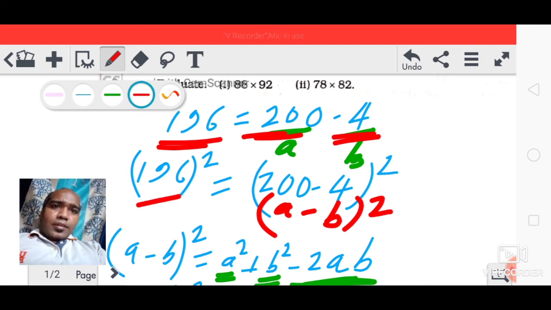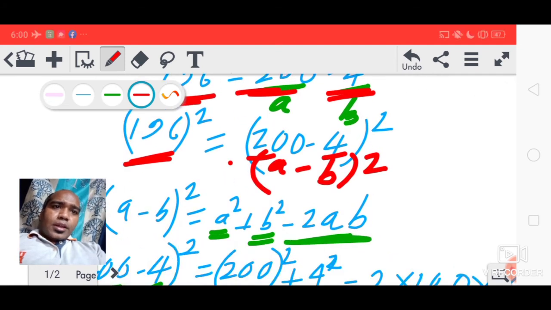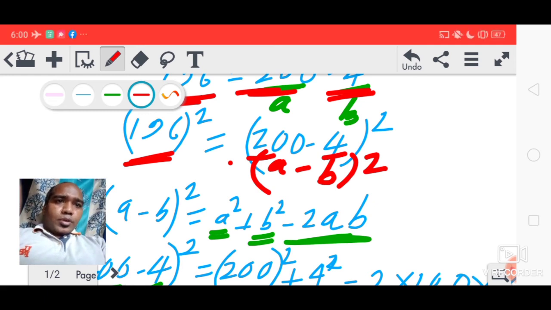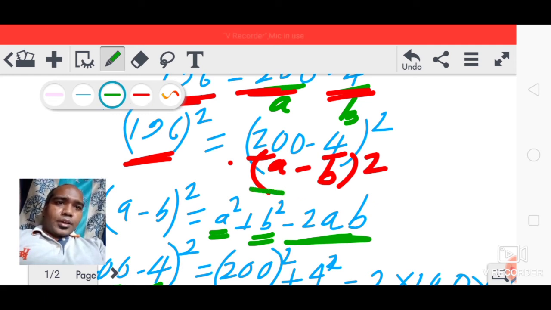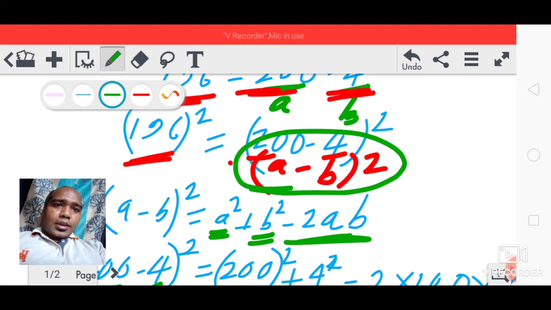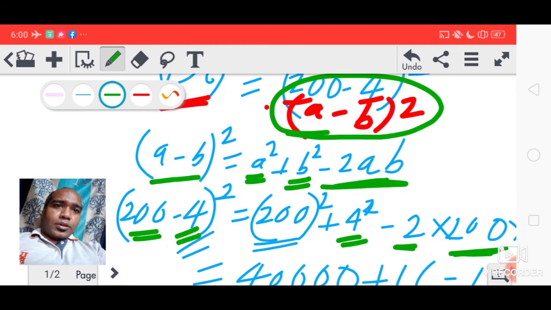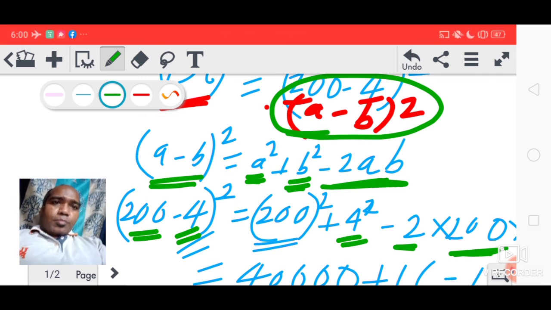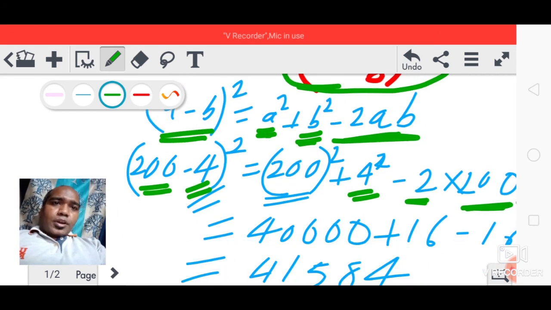Now 196 square, so we'll get 200 minus 4 square. Now 200 we have considered as a and 4 we have considered as b, so it is becoming in the form of a minus b whole square. And the a minus b whole square formula, what do we know? A square plus b square minus 2ab. So we are putting 200 minus 4, that is 196 square.